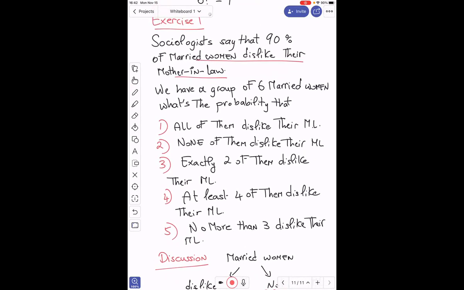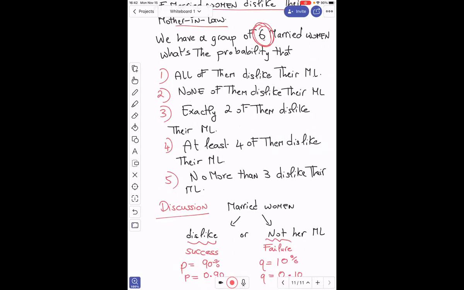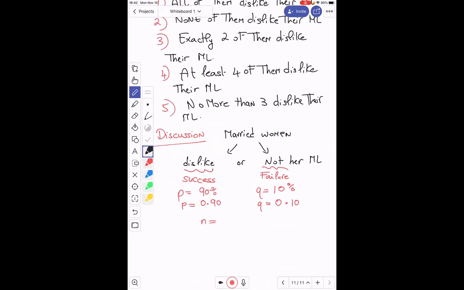Absolutely, because we have this group of 6 women, and each time we check if the married woman dislikes her mother-in-law or not. So we try 6 times, and the number of trials will be 6. This number right here. So N is equal to 6.